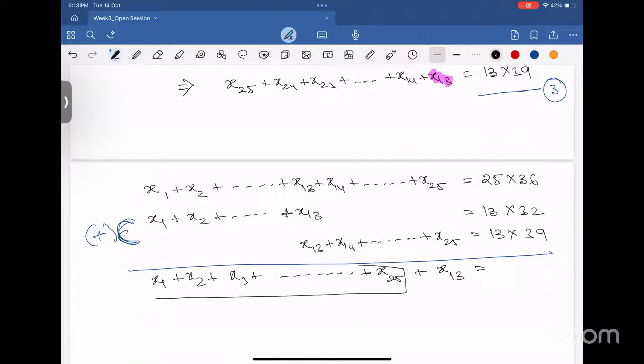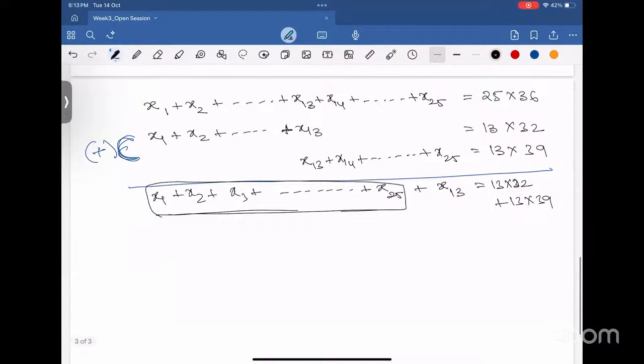And I know this sum from equation 1. On the right hand side, this is 13 times 32 plus 13 times 39. On the left hand side, we have the sum of all the observations, along with one more term, which is x13. I know this value from equation 1, so I substitute: 25 times 36 plus x13 is equal to 13 times 32 plus 13 times 39.